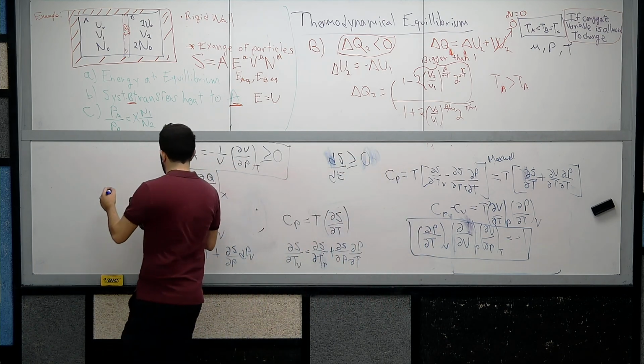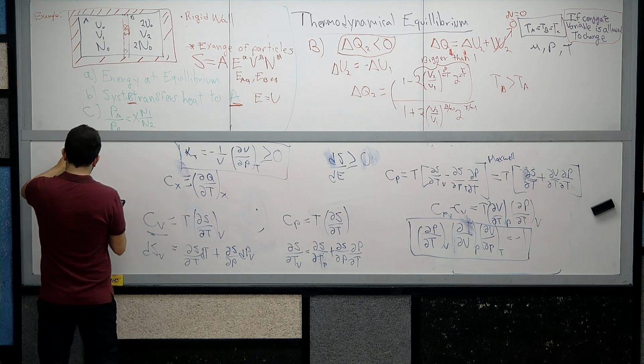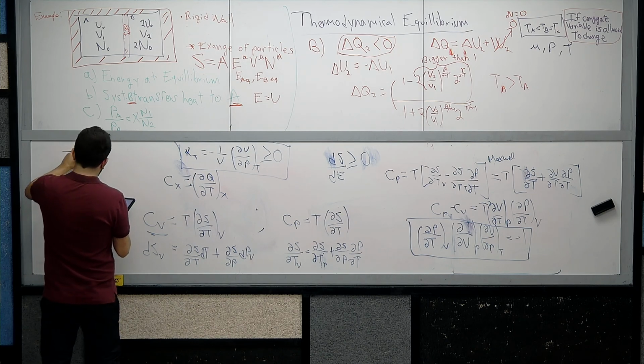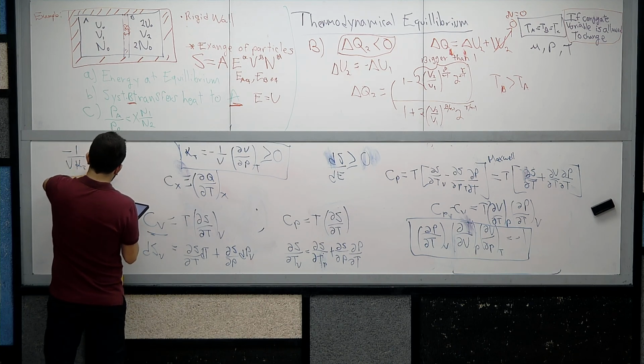And then we get that minus V times kappa T must be equal to dP/dV.